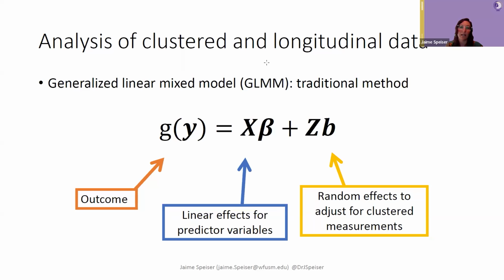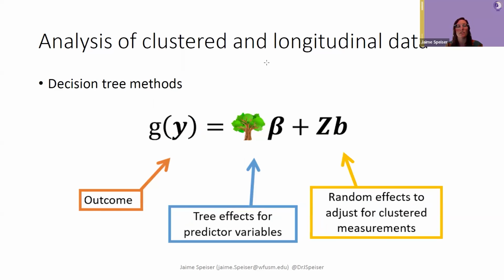Over the past, I'd say about 2 decades, some of the work in the machine learning and AI world has involved extending these generalized linear mixed models for machine learning and AI methods.